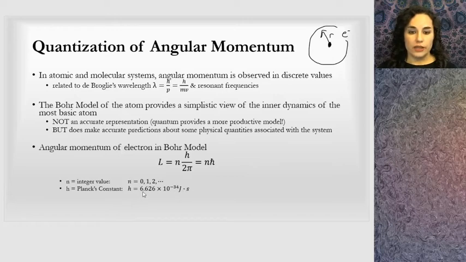And it is given by this value. It has units joules times seconds. So that's how you calculate the angular momentum of an electron in the Bohr model, the simplistic planetary model of the atom. H bar is defined to be h over 2 pi, which you may see if you continue forward in physics.